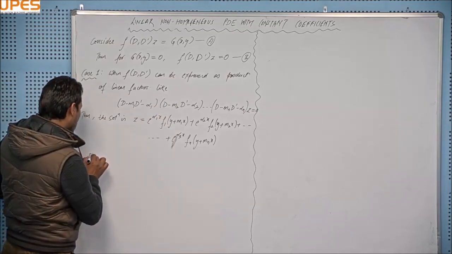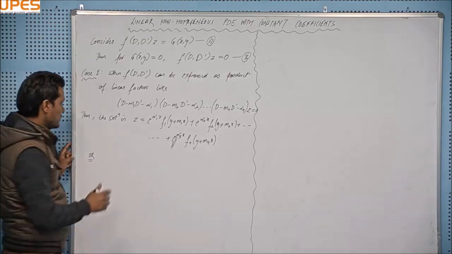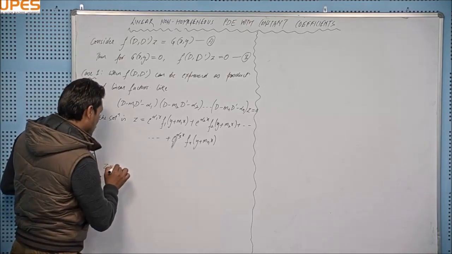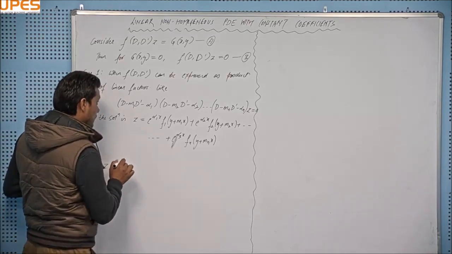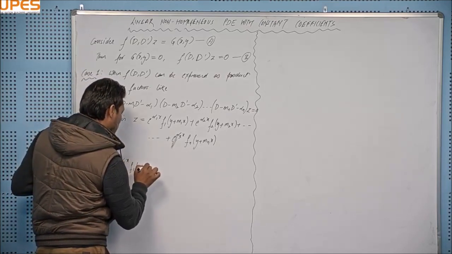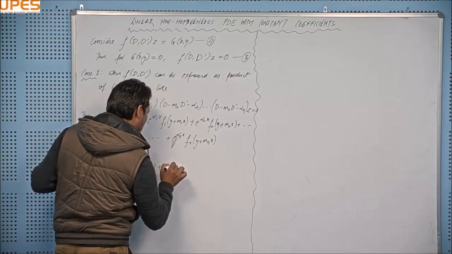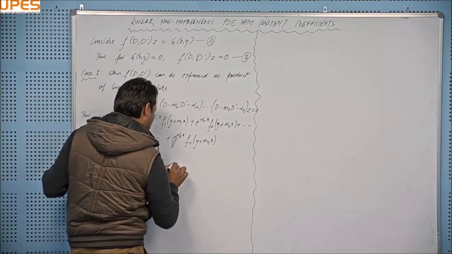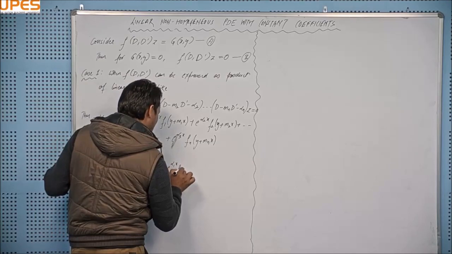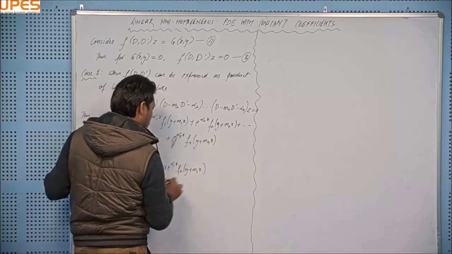Or I will write the case for repeated linear factors. z is equal to e to the power alpha 1 x f1(y + m1 x) plus x times e to the power alpha 1 x again, f2(y + m1 x).